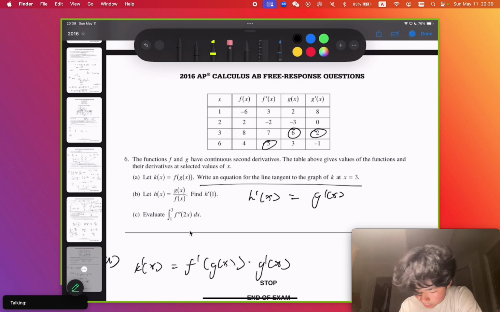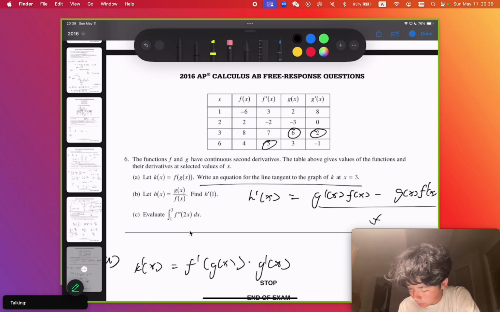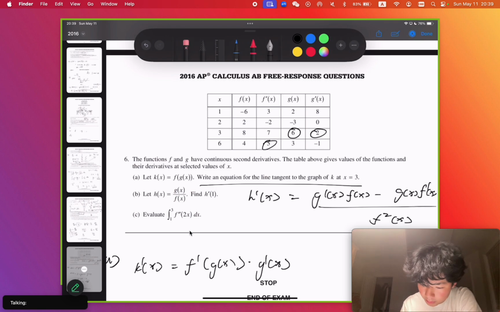g prime of x, f of x. According to the quotient rule, it's basically this minus the product of these. You just want to remember this. This is very important. This is basically f of x squared, since it's on the bottom.